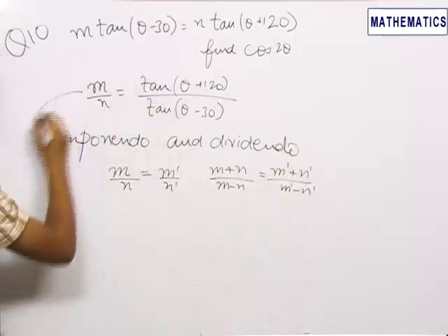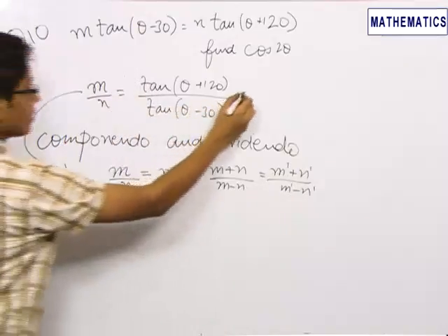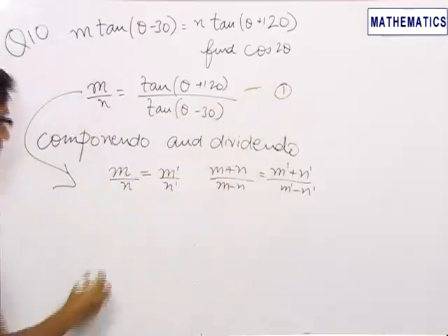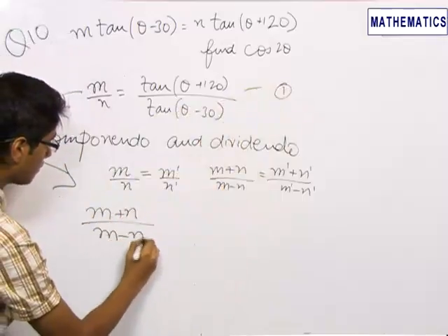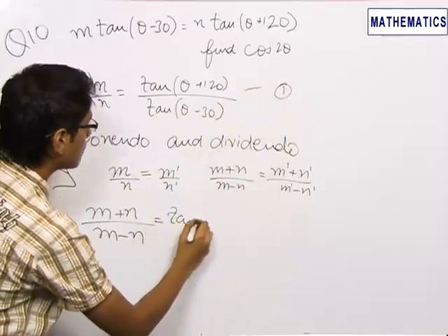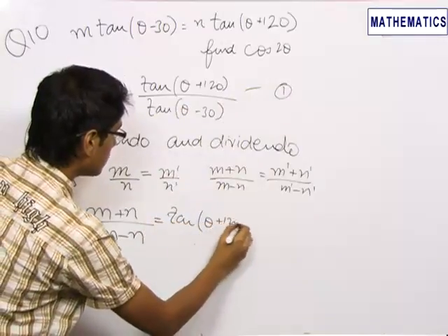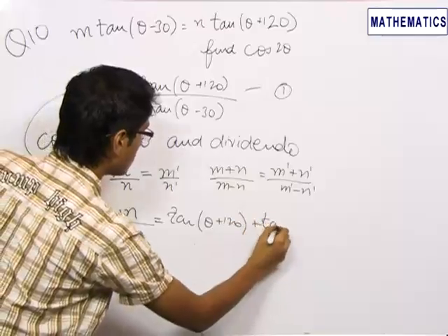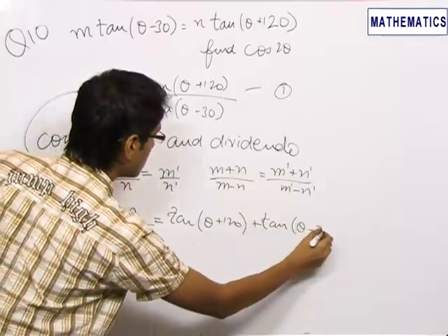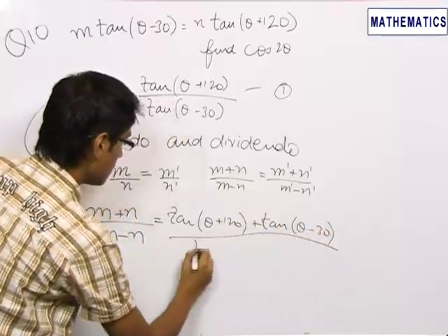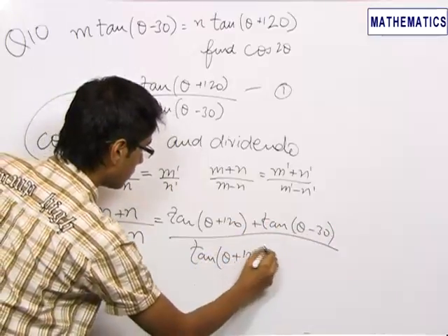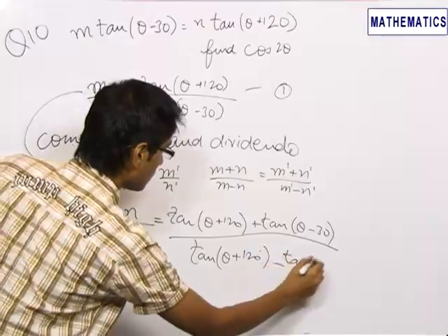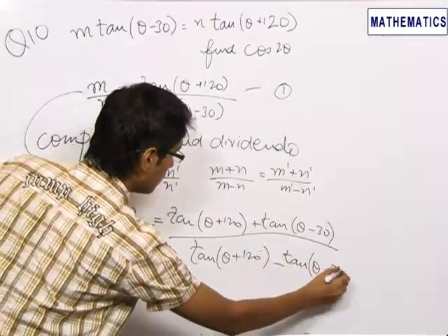So applying componendo dividendo on this equation, we get m plus n upon m minus n equals tan of (theta plus 120 degrees) plus tan of (theta minus 30 degrees) upon tan of (theta plus 120 degrees) minus tan of (theta minus 30 degrees).